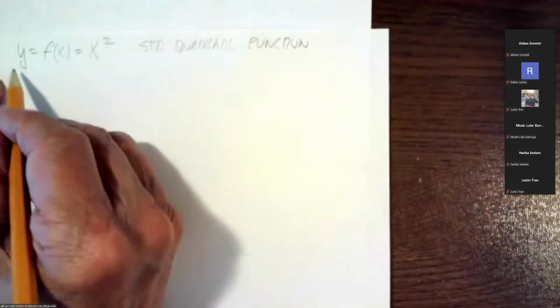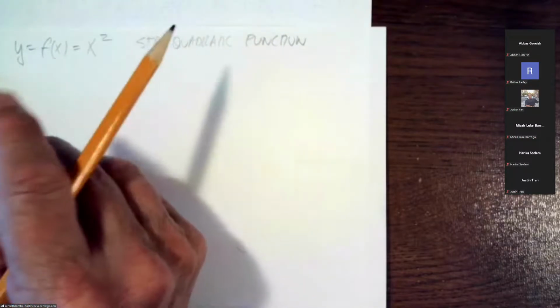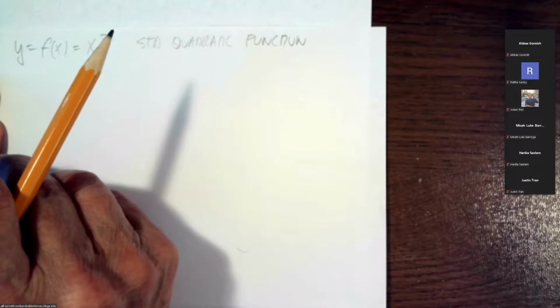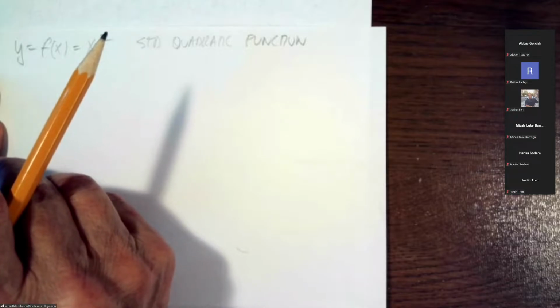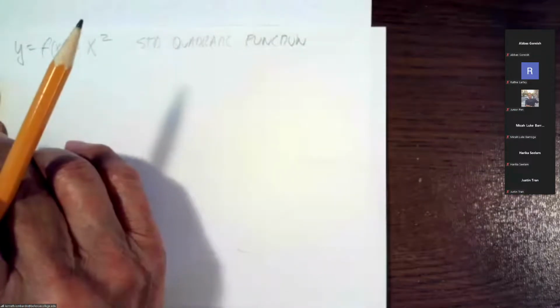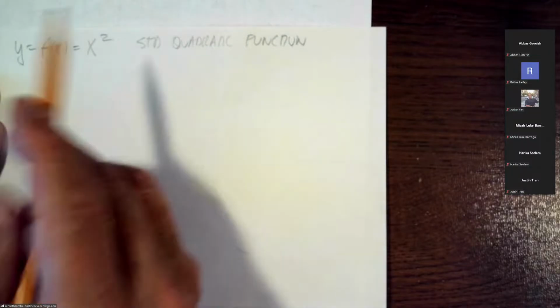And if we were to graph that, one of the things you're going to want to know and keep in your brain is, what do these common or frequently used functions look like? f of x equals c, f of x equals x, f of x equals x squared, and so forth.